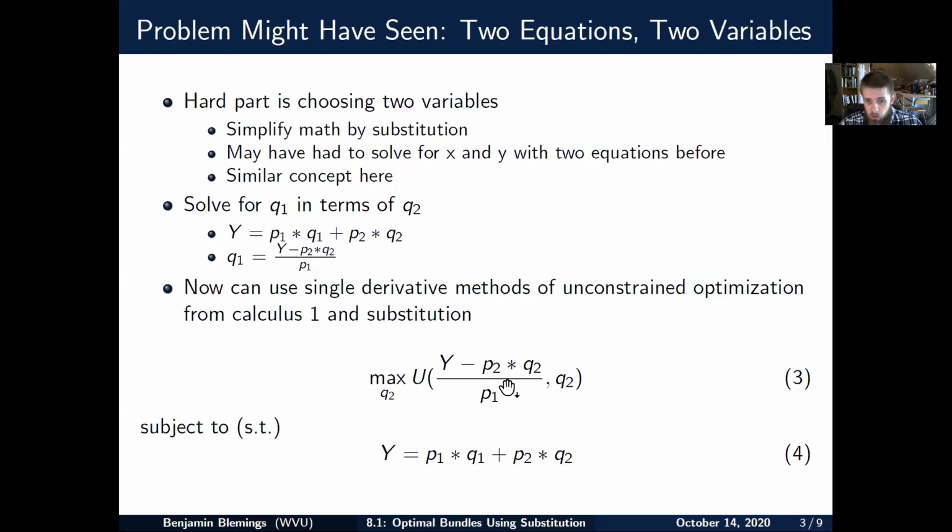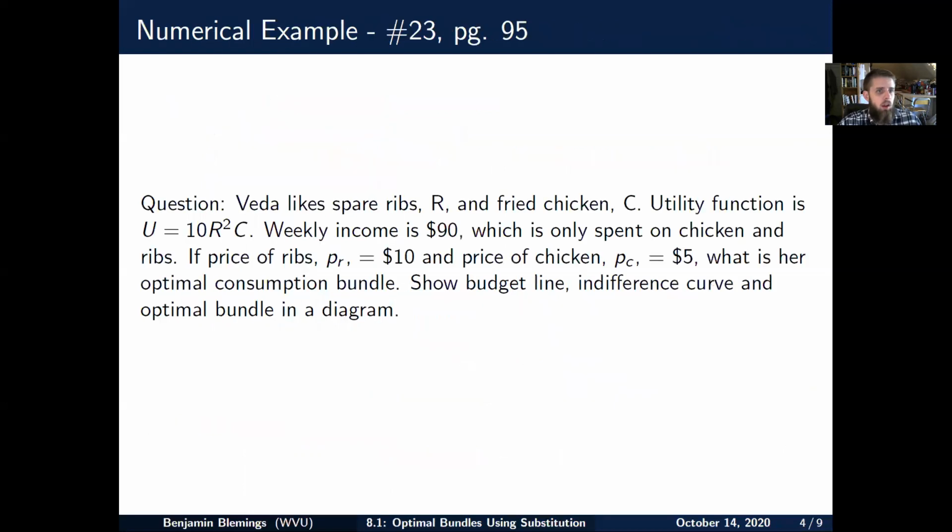Q1 is y minus P2 times Q2 over P1. And so now all we have to do is maximize our utility, choosing Q2 subject to this budget constraint. It becomes an easier problem where we just need unconstrained optimization from Calc 1 after the substitution. And so let's do a numerical example.